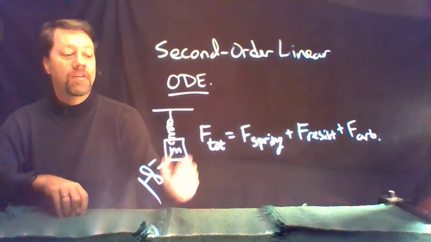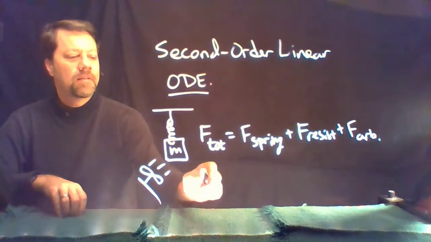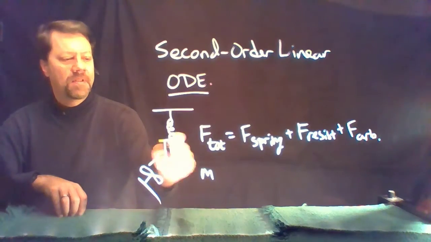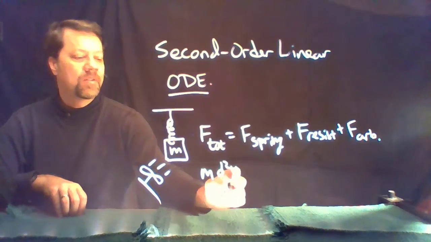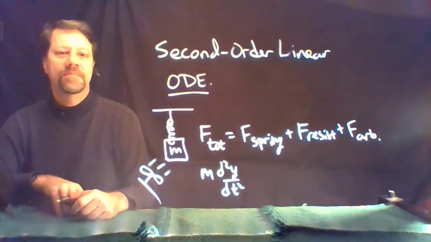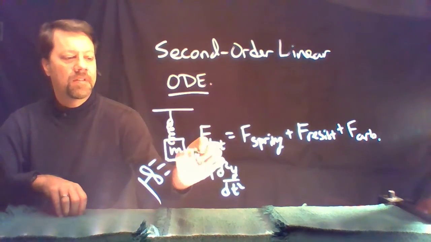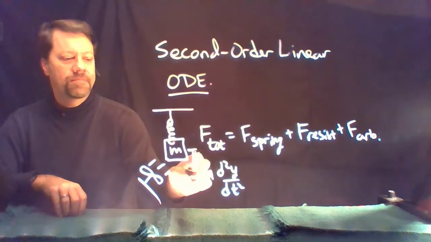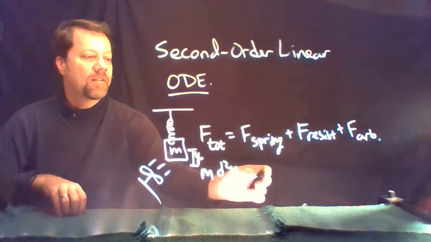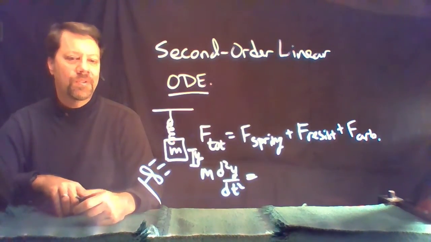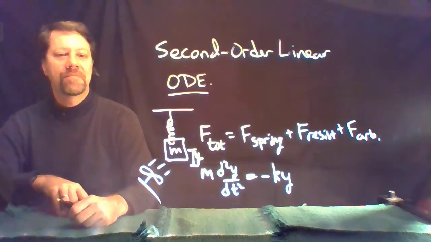Analyzing this equation, forces are masses times accelerations. We'll write that as m times the second order derivative of y with respect to t. If y is the displacement of this object, making this go from here down to here, that will be, according to Hooke's law, negatively proportional to the displacement itself.